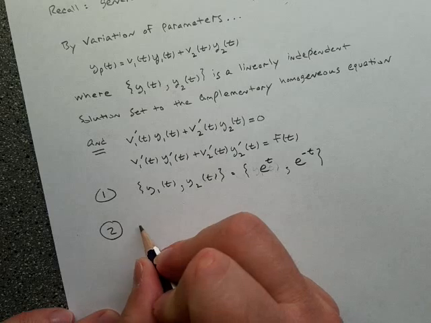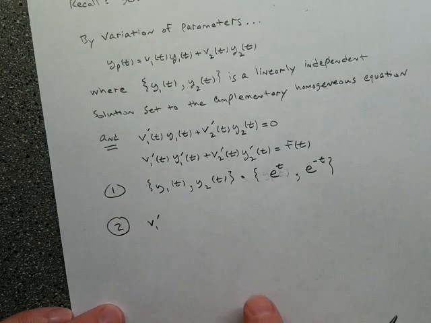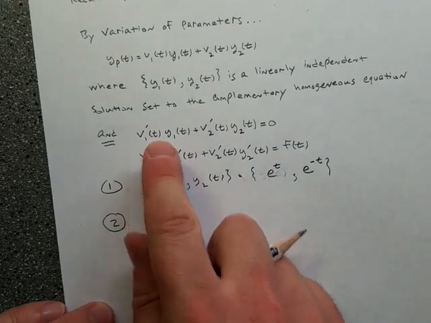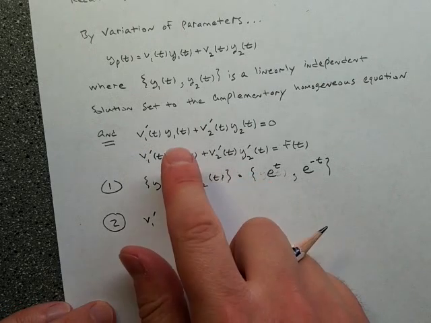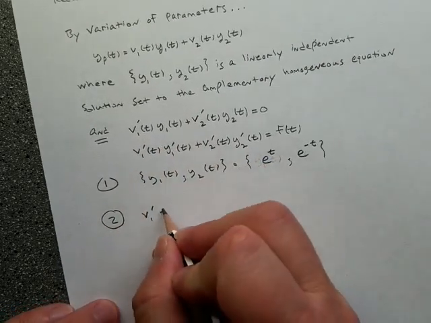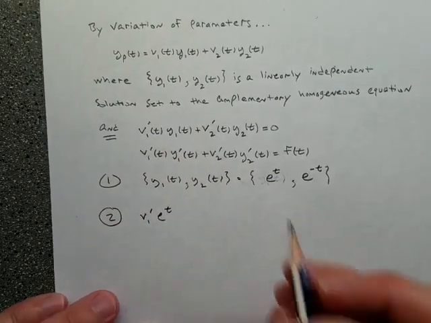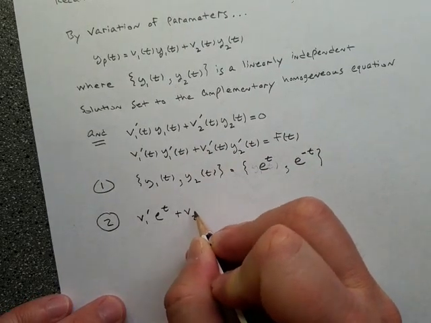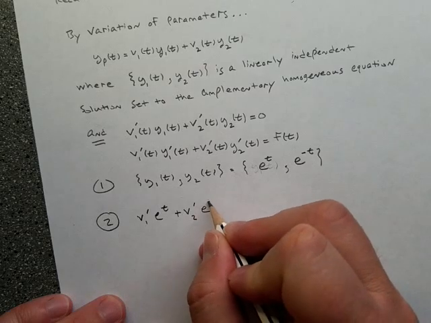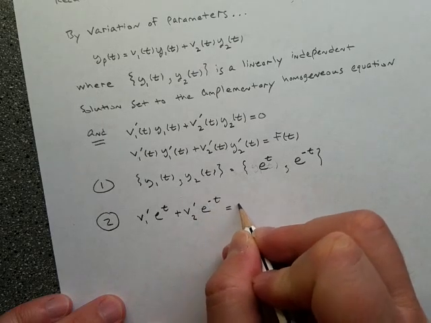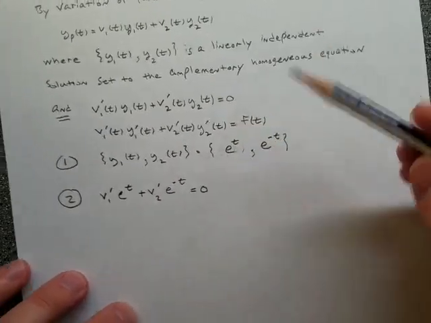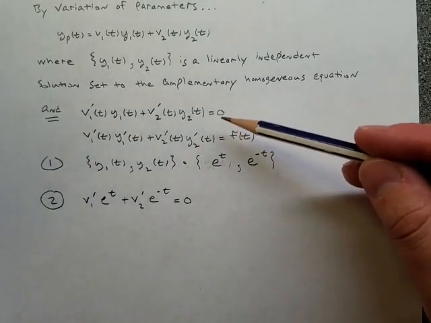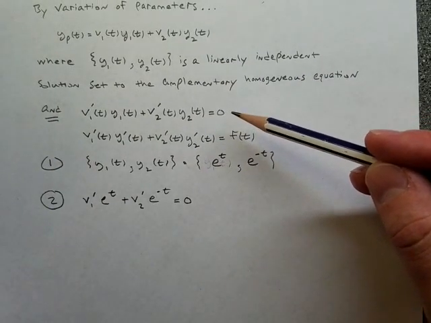We'll say v1 prime, and I'll drop the of t part, it's a function of t, times y1. That's going to be times e to the t power. And then v2 prime times e to the minus t. And that is supposedly equal to 0. And we're going to accept that, not question it. That's what it says, so that's what we'll do.